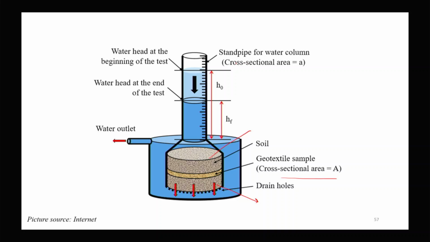The water column cross section area is small a, and the initial height is H0. After a certain time, the water head has reached HF, and the water outlet is there. This is after testing, but here the drainage holes are there.